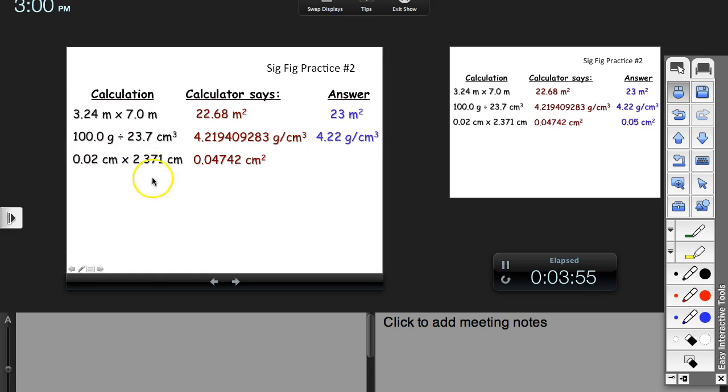So these 2 zeros right here are not significant. So 1 significant figure is going to be 0.05. Do you see? If you just wrote down 0, that's not the same. All right, let's try another one. That's what your calculator is going to give you, which is not okay.